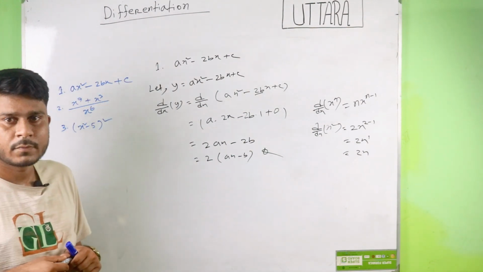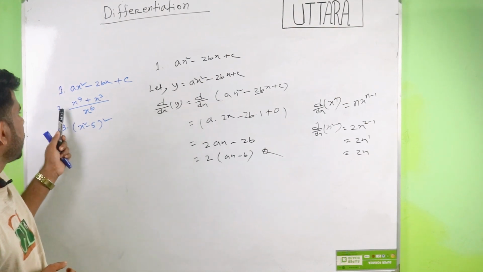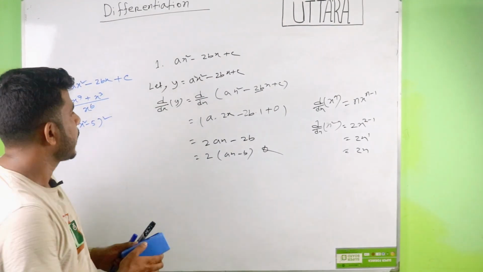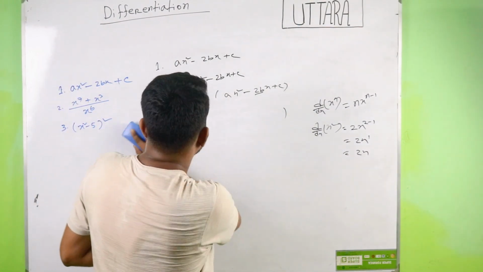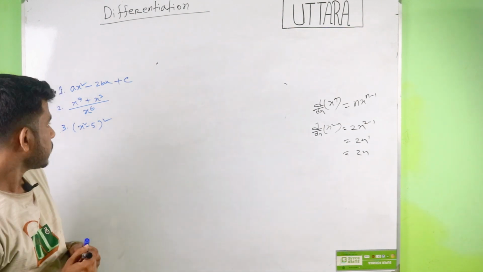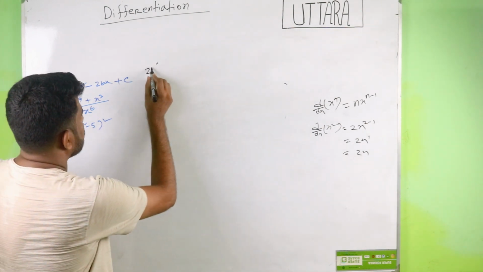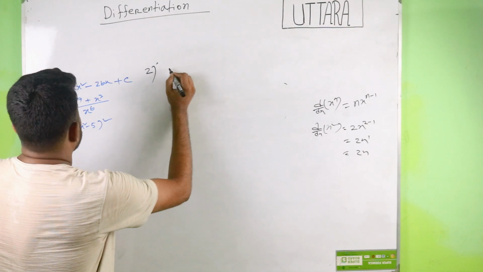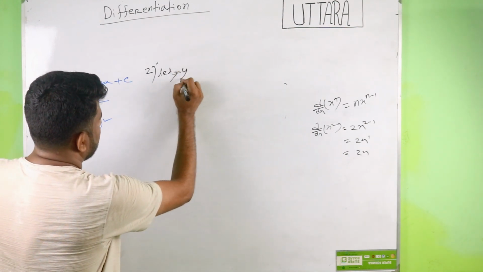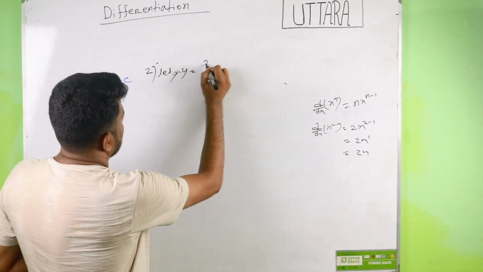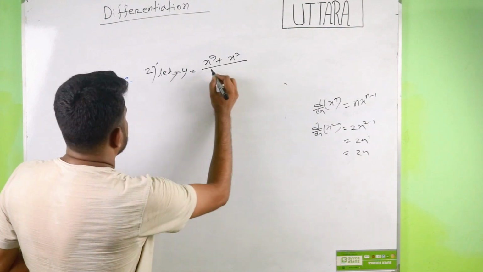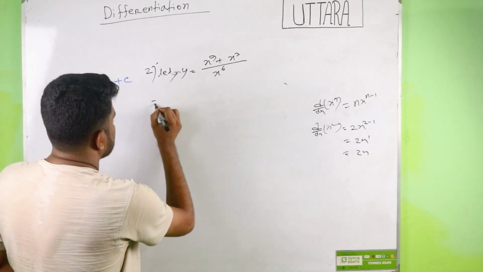So this is the result of this problem. Now we are going to solve example number 2. Let y equal x to the power 9 plus x to the power 3 times x to the power 6.